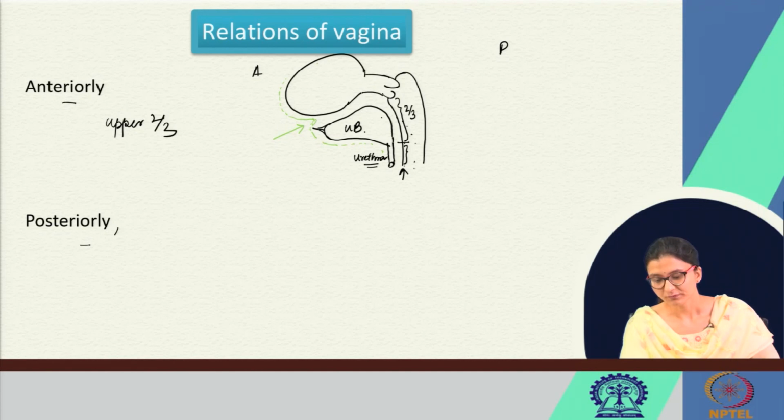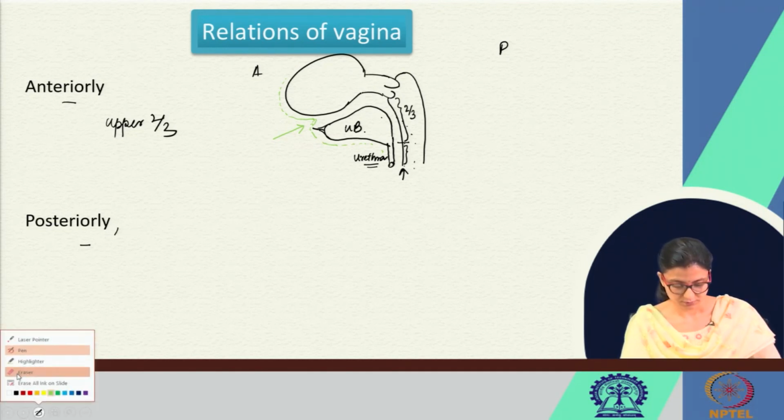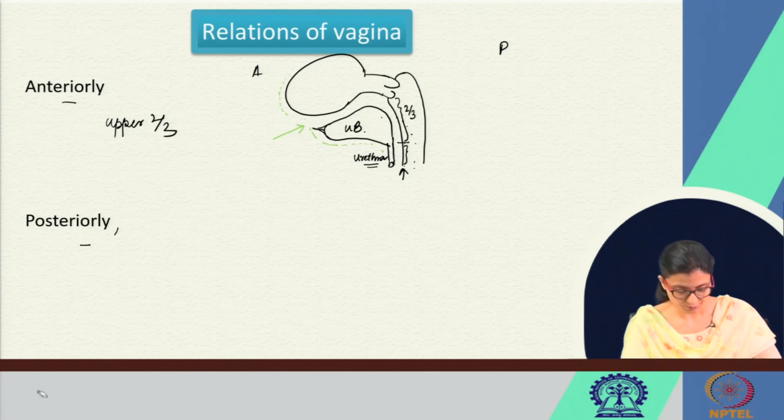The uterus will be covered anteriorly. It will cover the uterus, but not the vagina. Anterior part of the vagina, anterior vaginal wall, there is no peritoneal covering.